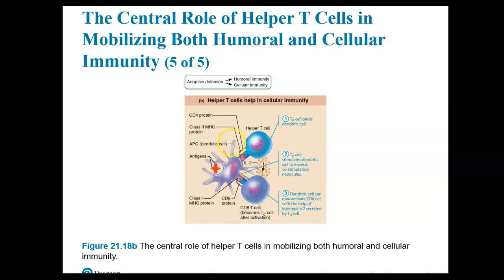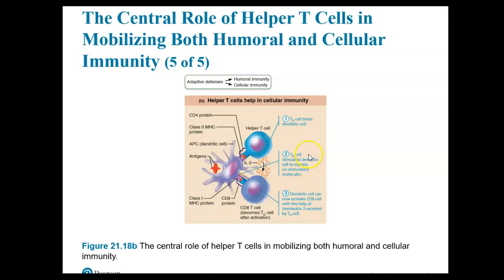So the class 1 MHC protein is binding to the CD8 T cell, which is going to become cytotoxic T cells that are going to go and destroy other harmful cells. But then the helper T cell, before the CD8 T cell can be activated, the helper T cell must recognize the class 2 MHC protein.